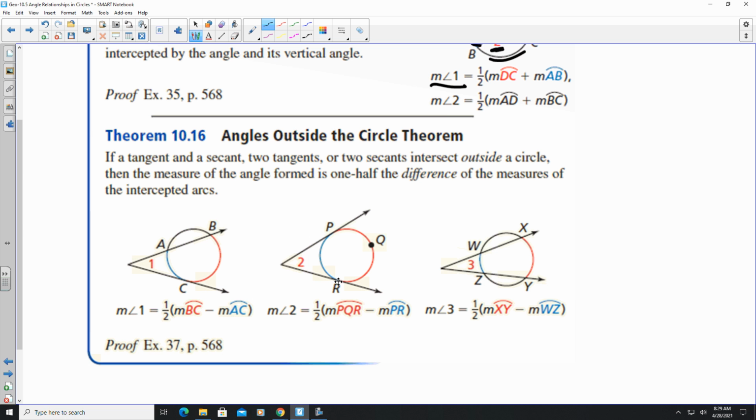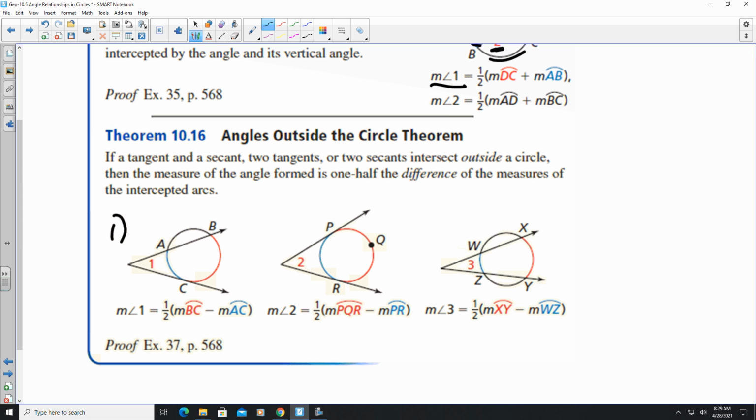Now for angles that intersect on the outside of the circle, there are some things you also have to take into account. In this first one, we have two lines that intersect.